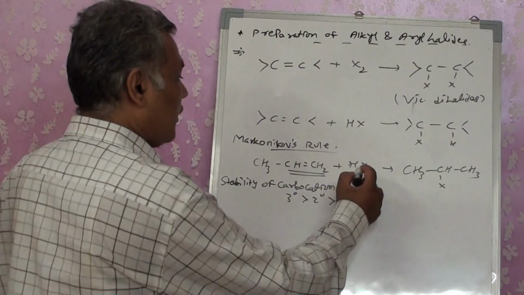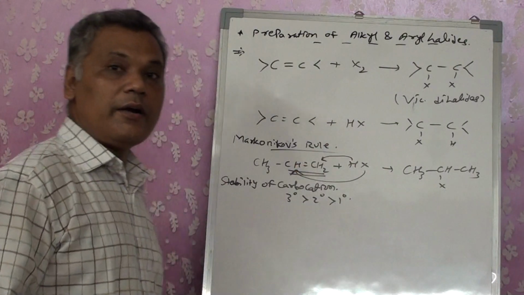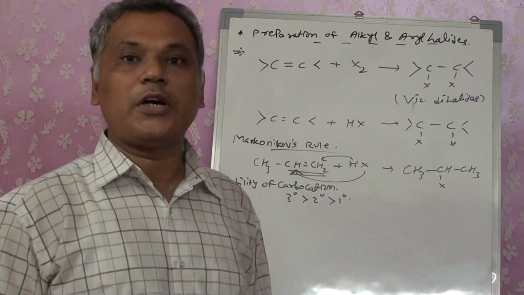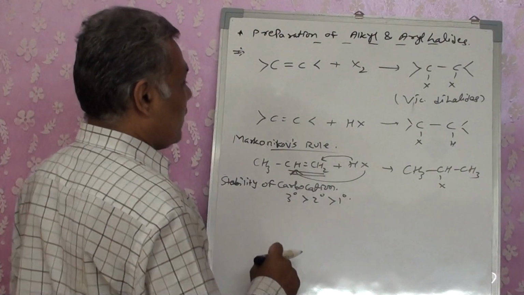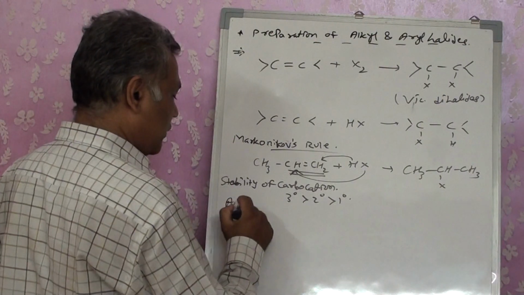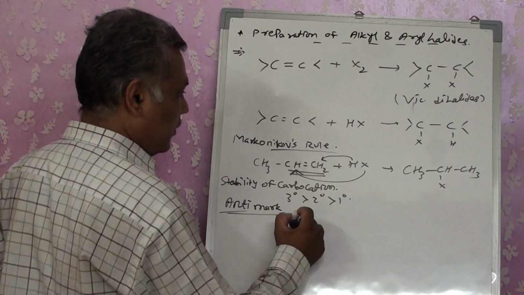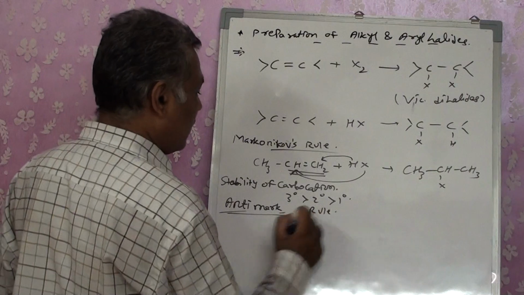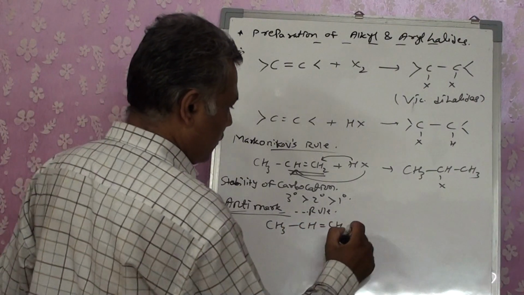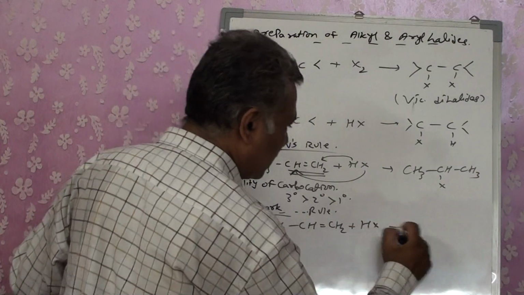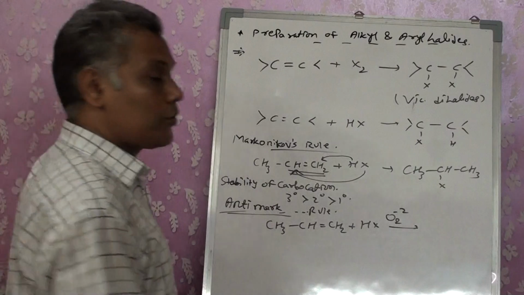So negative goes to the carbon having lesser number of hydrogen, and the electropositive hydrogen goes to the carbon having more number of hydrogen. But if the same reaction is carried out anti-Markovnikov, then what will happen? The same compound on reaction with HX, the reaction will be carried out in presence of peroxide.